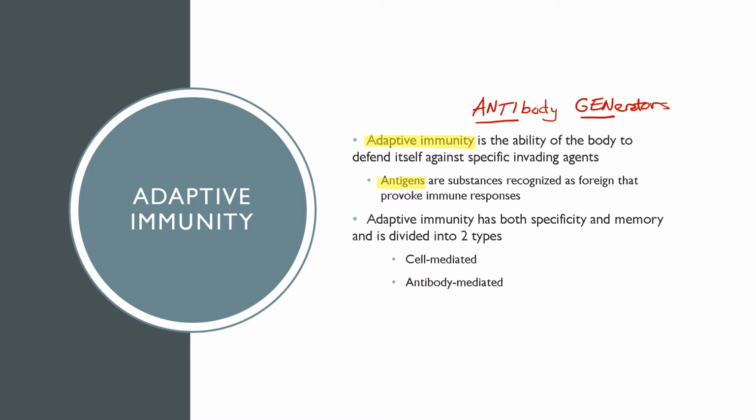Now there are two properties that distinguish adaptive immunity from innate immunity. These are the specificity for particular foreign molecules or antigens, which involves distinguishing self from non-self.